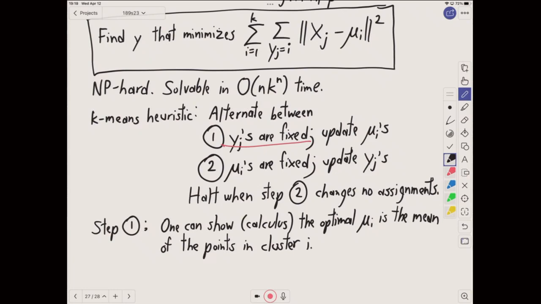So my point is that picking the mean of each cluster to be mu_i is what minimizes this expression. By the way, this is easy calculus, so I leave it.